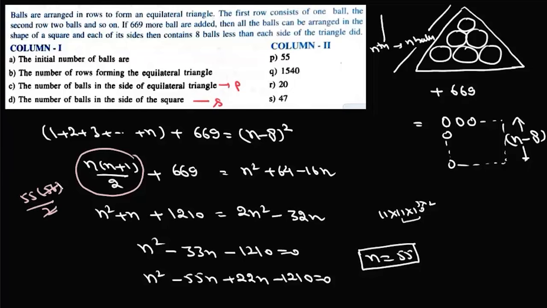So this is 28 into 55, which is 14 into 110, which is 1540. So this A, it matches with Q. And number of rows forming the equilateral triangle, now number of rows is again equal to n, and which is 55. So this also matches with P. And that is the answer to this question.